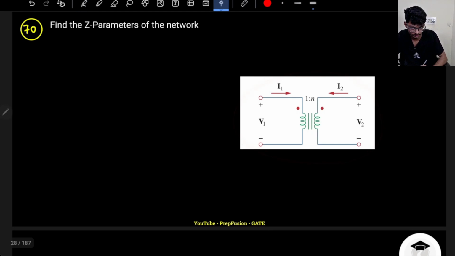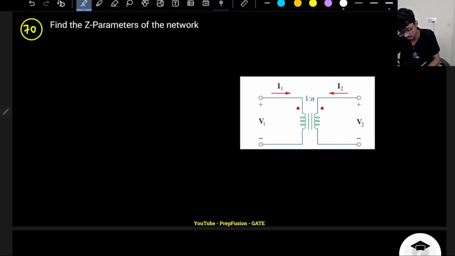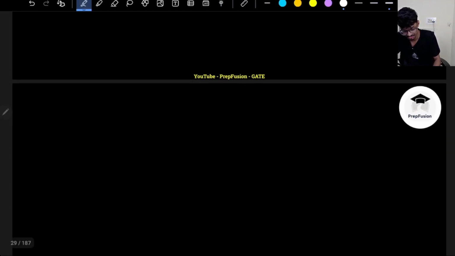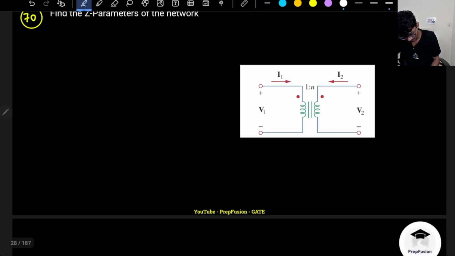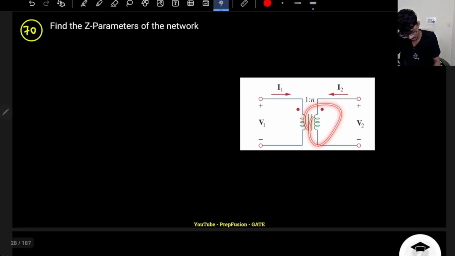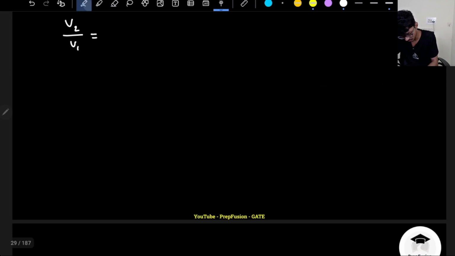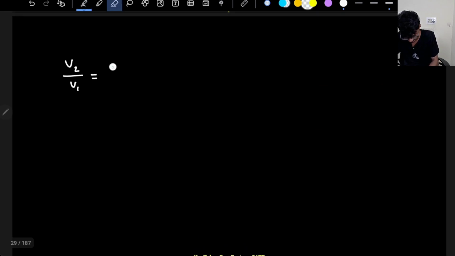So here this is a transformer, and what is the relationship of a transformer? We know a very basic relationship of a transformer, that V2 by V1 will be the turns ratio across that particular winding. So what are the number of turns here? Number of turns here is 1, so it is N is to 1, so this will be N by 1.